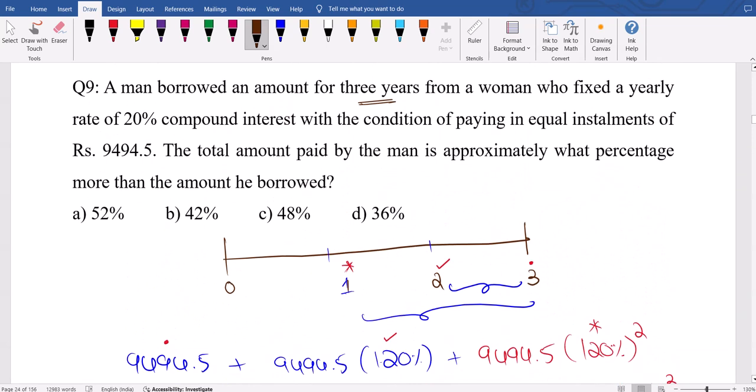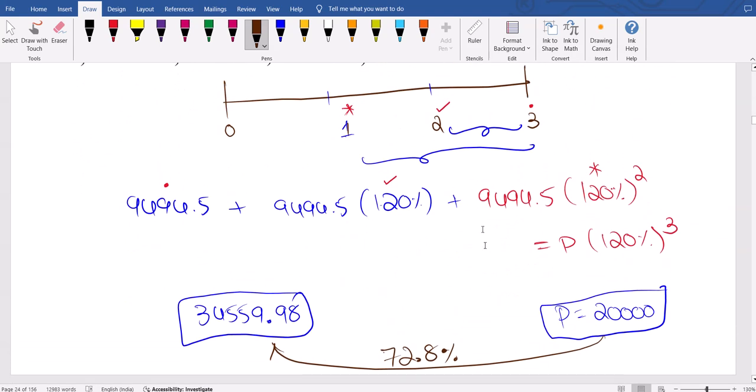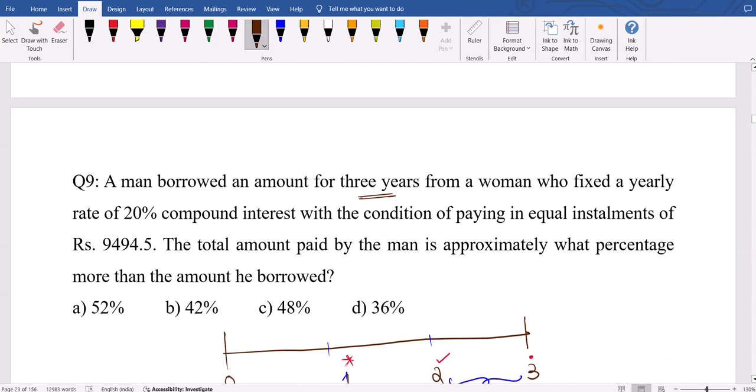Total amount paid by the man is approximately what percentage more than the amount he borrowed. In fact, no need of all this stuff for this question actually. No need of installment concept also for ninth one. Ninth one can be done directly. You borrowed certain amount, but the amount paid is definitely first year 20% increased. Second year 20% increase, third year 20% increase.